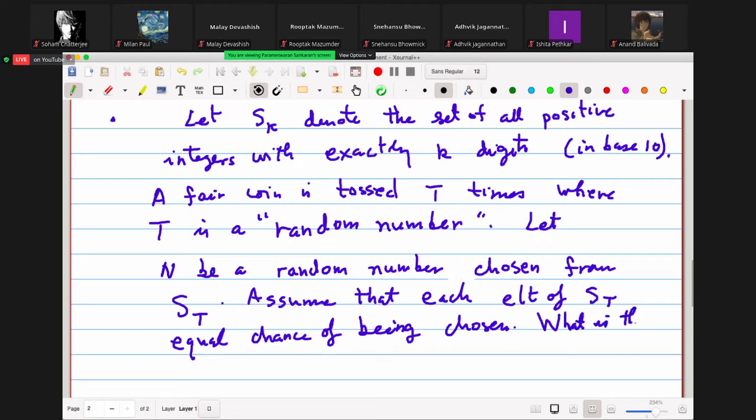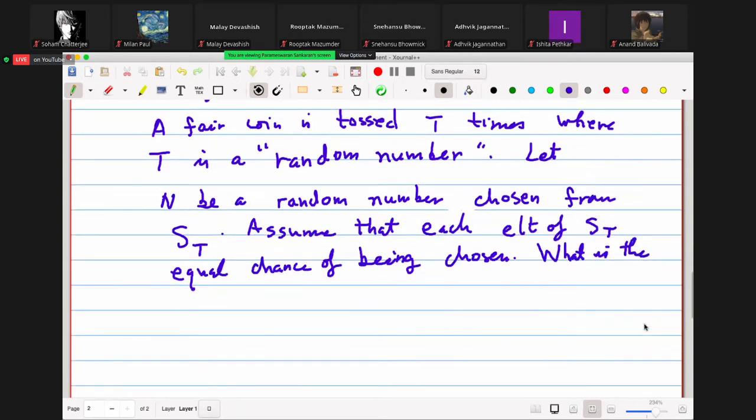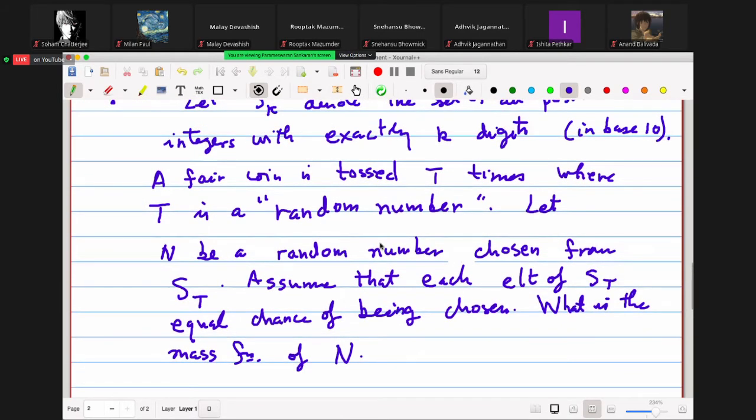What is the mass function? I think maybe if I explain this mass function of N. In other words, what you are told is the following. A fair coin is tossed repeatedly T times, where T is the first time that tail turns up.